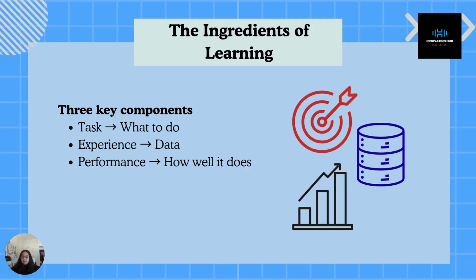Now, for this learning process to work, we need three key components: task, experience, and performance. Now, some of you may be getting a flashback to Module 2, Introduction to Machine Learning, and if you haven't watched that video yet, please go back and watch it now. The task is what the system is trying to do. The experience is the data it learns from, often referred to as training data, and the performance is how well the system is doing that task, measured using a metric.